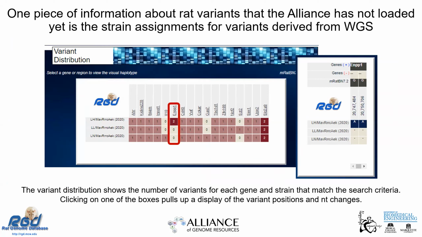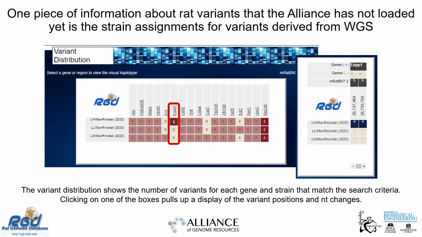Here I've selected either possibly or probably damaging polyphen prediction, and I get the list of these genes that I've put in and how many variants match my search criteria in each of these strains. So in this case, there's variants in LH and not in LL or LN. LH is the hypertensive of the 3 rats.